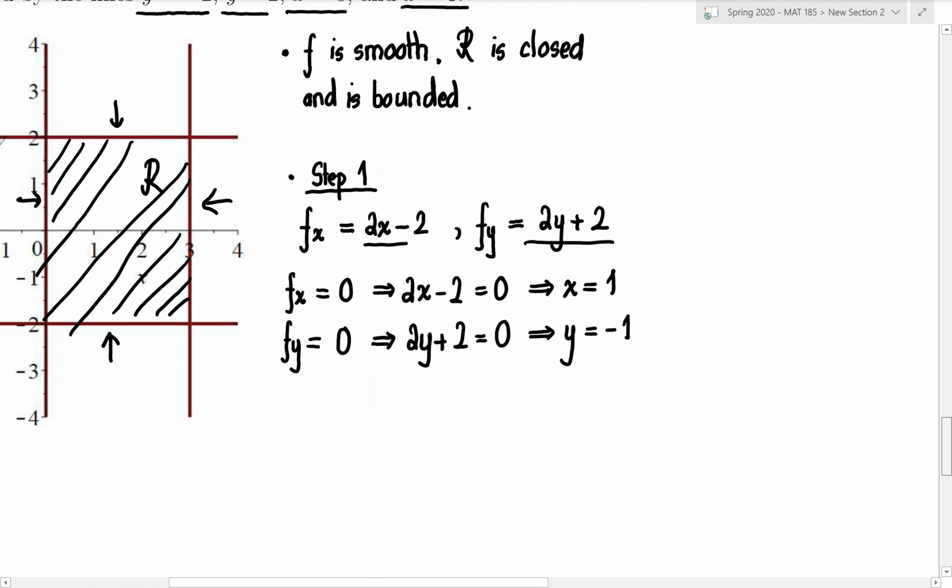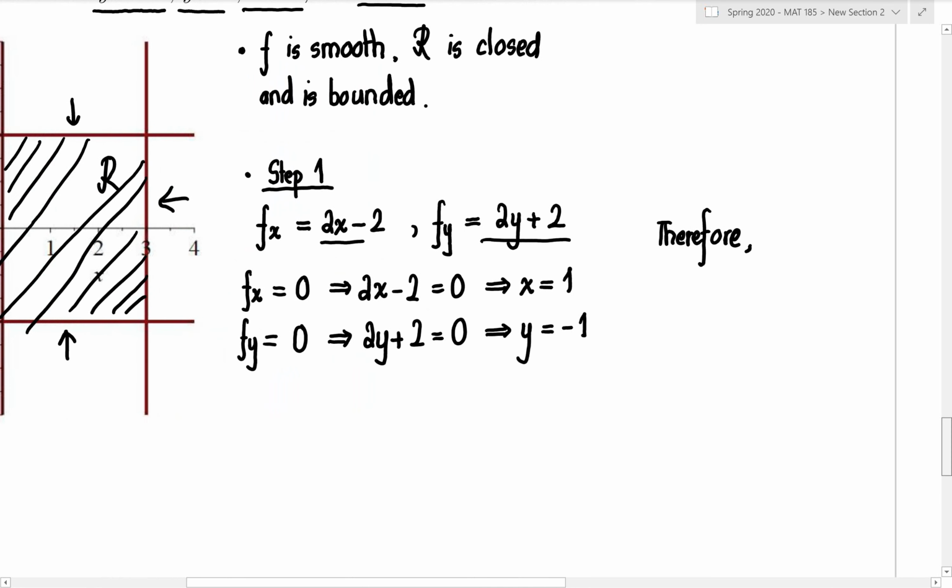So we conclude that our function has one critical point, and the critical point is (1, -1).